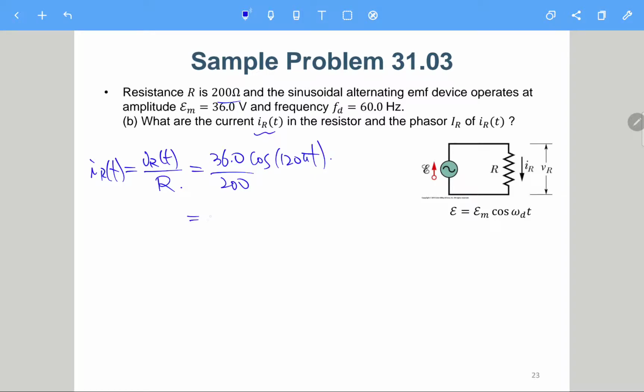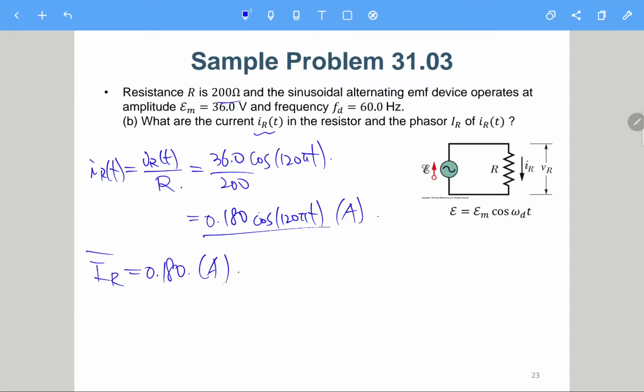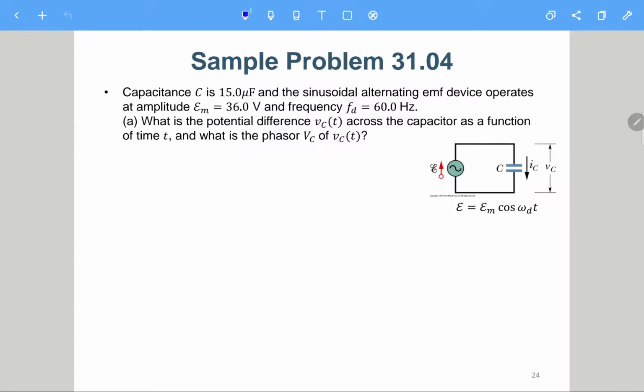So this is nothing but 0.180 cosine 120 pi t A. This is the time domain function, and the phasor I_R will be 0.180 A. So this one is really easy.